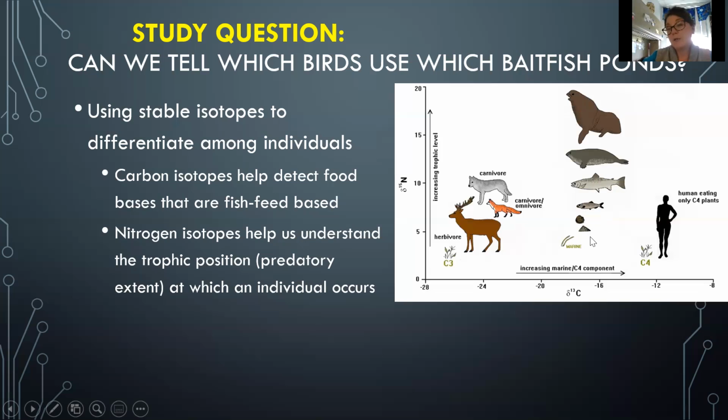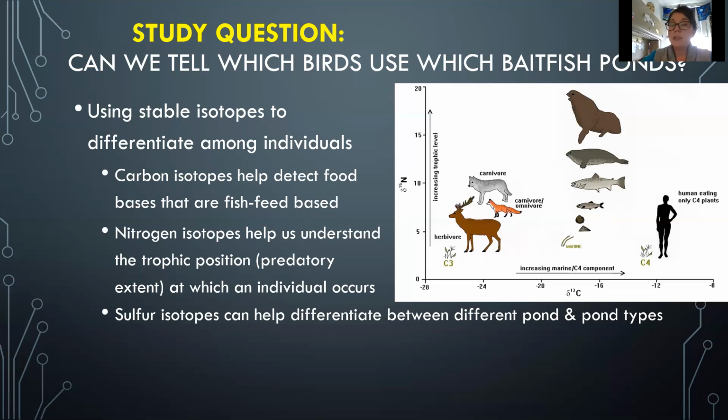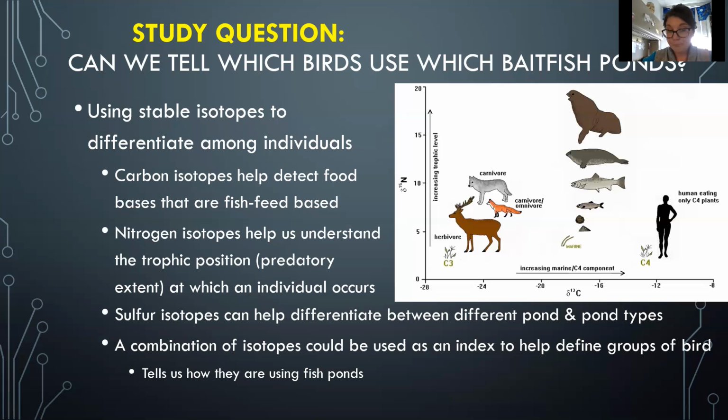So using a combination of those things, we've been able to split up different types of organisms in different food webs. We also used, or tested for, sulfur isotopes, understanding that different water bodies can have different sulfur signatures. So that might also help differentiate things just a little bit more.